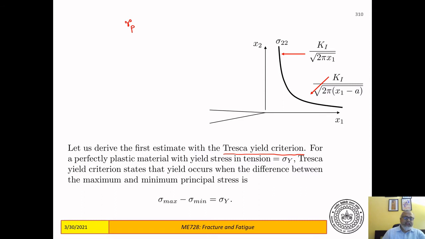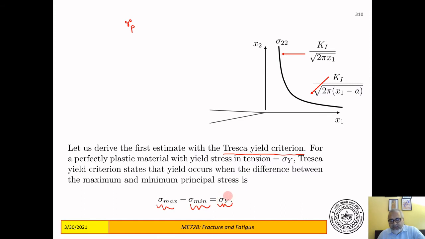The Tresca yield criteria says that plasticity happens when the maximum shear stress at a point in a body reaches a predetermined value equal to the shear yield stress, which is equivalent to stating that the maximum principal stress minus the minimum principal stress is equal to the yield stress sigma y in tension.